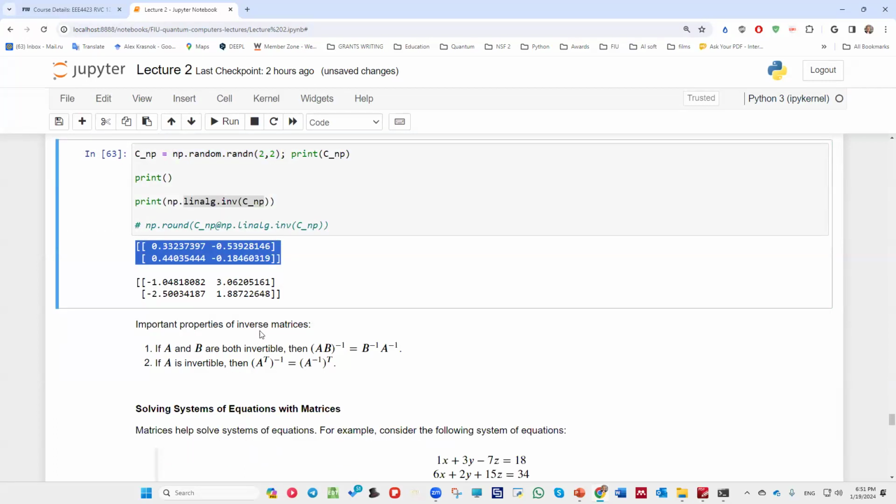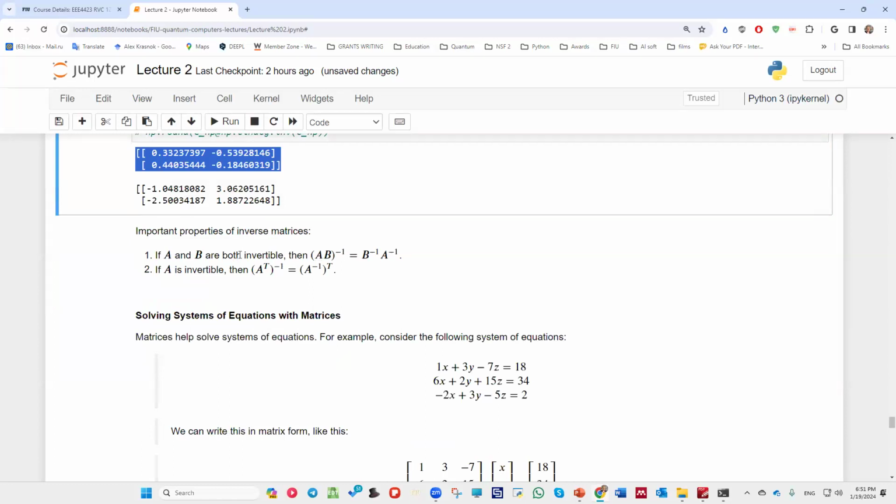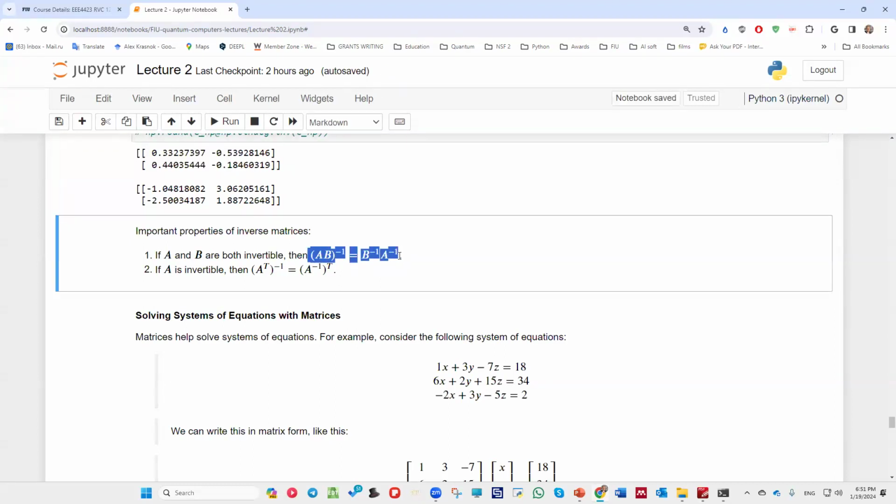Some important properties of inverse matrices. One is very similar to what we just discussed for transpose. If you take the inverse of the product of two matrices, you have to write the matrices in the reverse order.